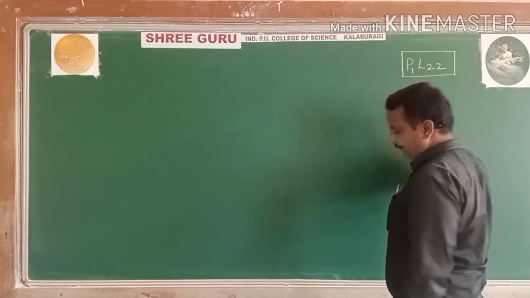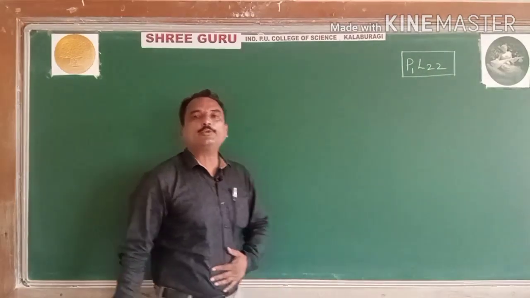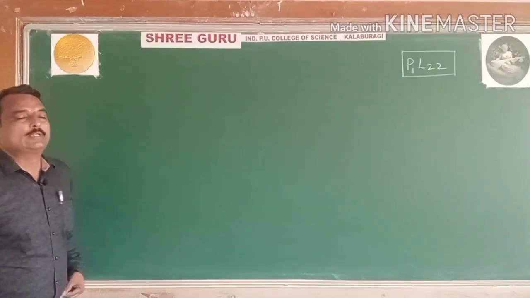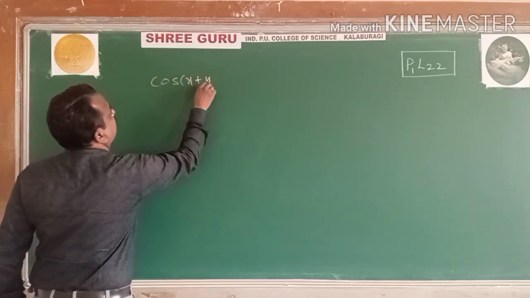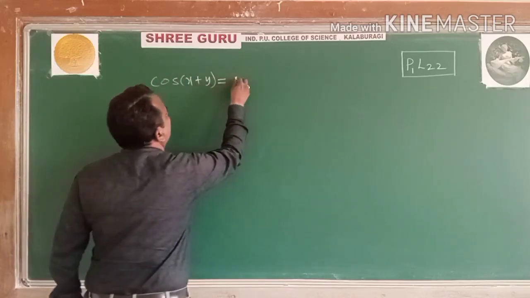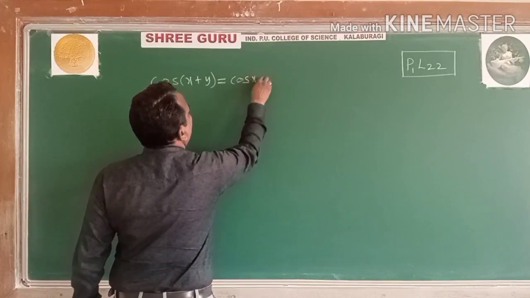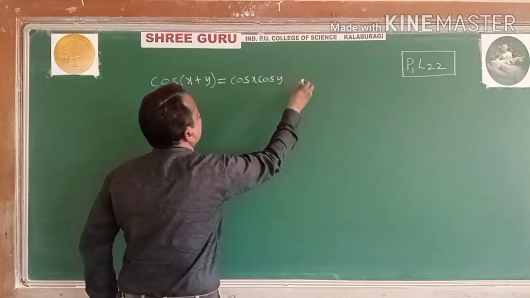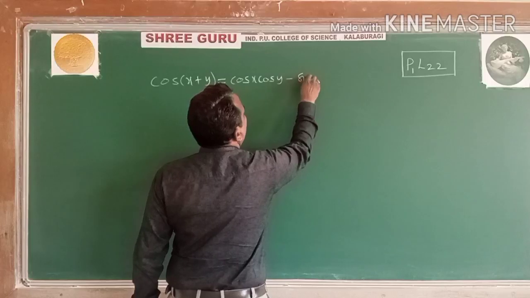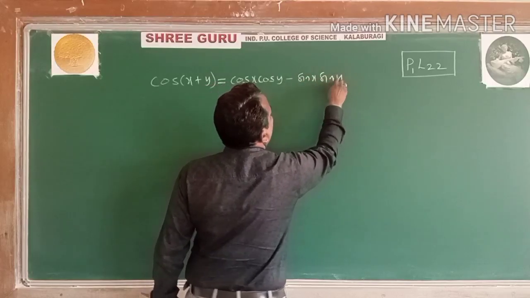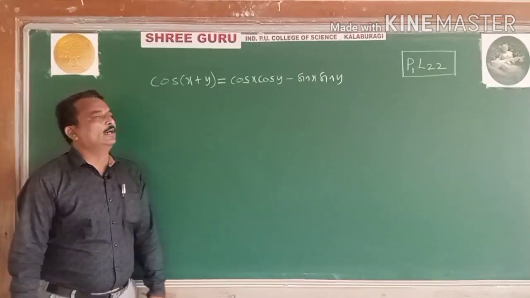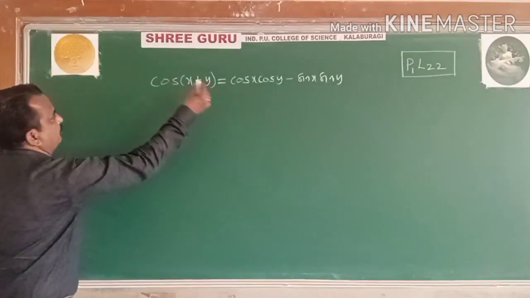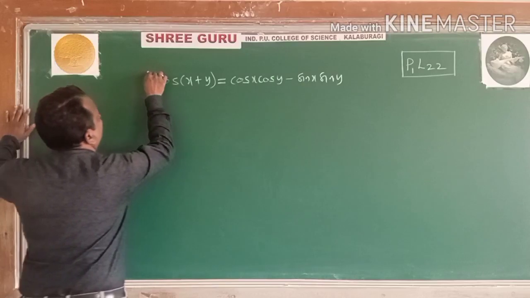Now see the students, in the previous class we have discussed some formulas on the compound angle theorem. This theorem we have proved in one of the classes, and using this result in the previous class we have calculated some formulas.